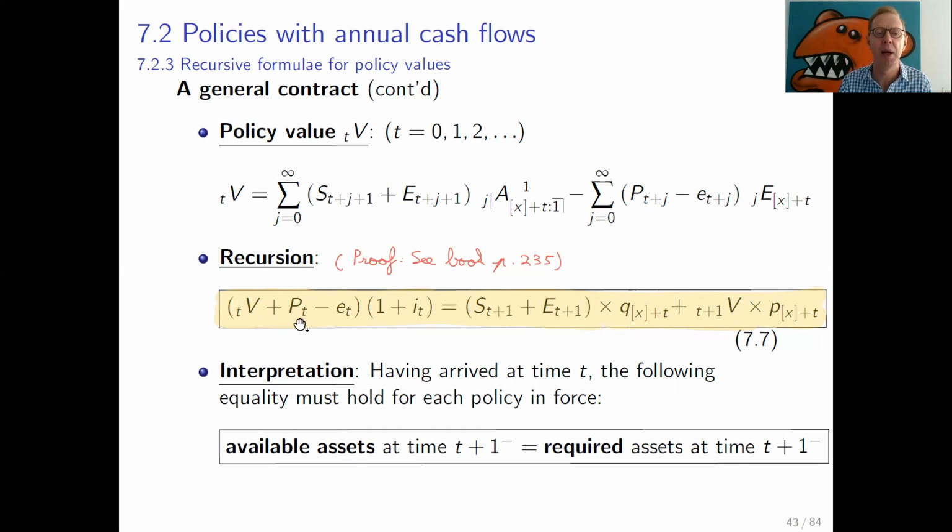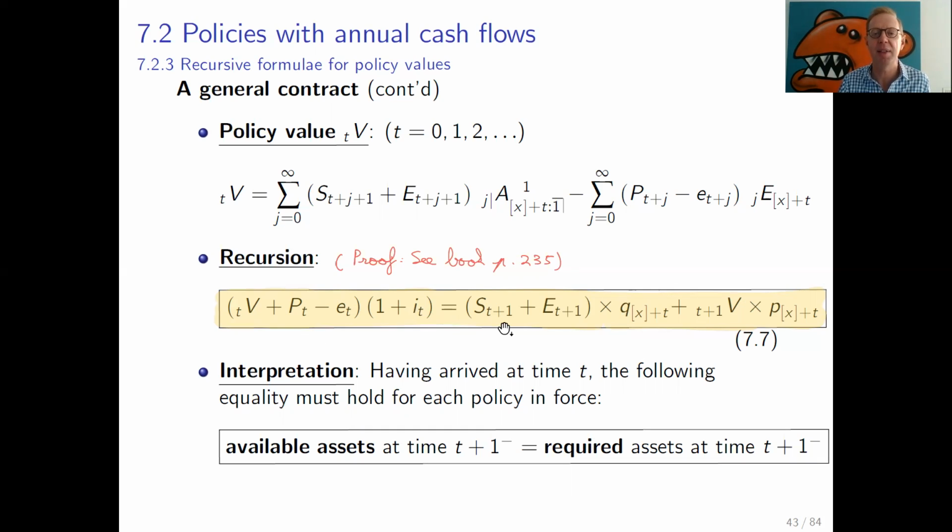There is a premium added, Pt, but a withdrawal of the expense Et. This total amount is accumulated by the interest It, and this left-hand side is the available assets at time t+1 minus, and this must be equal to the right-hand side, which is the required assets at time t+1 minus.